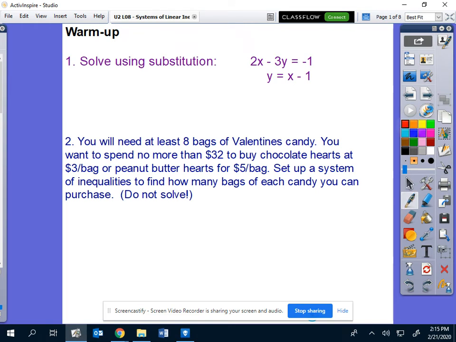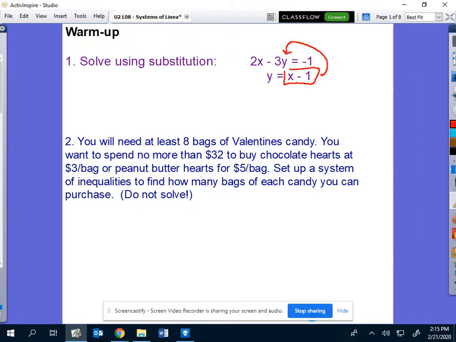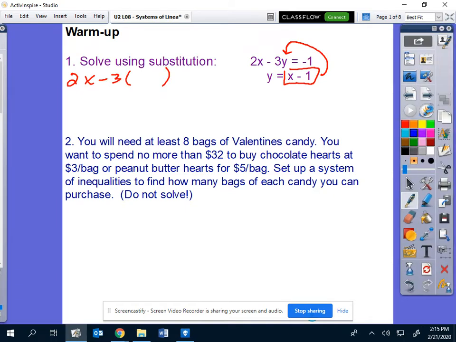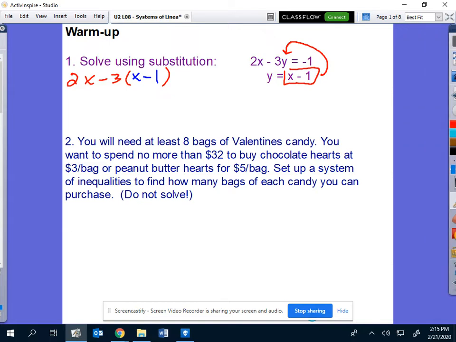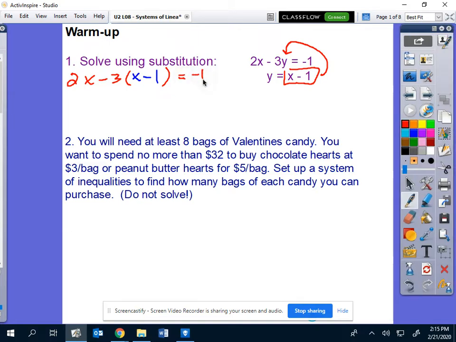Our first one here, if you use substitution, so if you haven't already gotten it, you're going to use x minus 1 and plug that back in for y. So we're left there with the 2x minus 3, and then we're plugging in our substitute. So x minus 1 is our substitute, still equals negative 1.